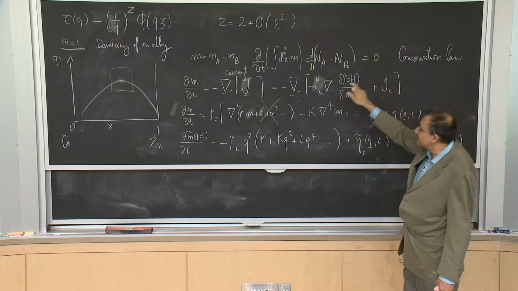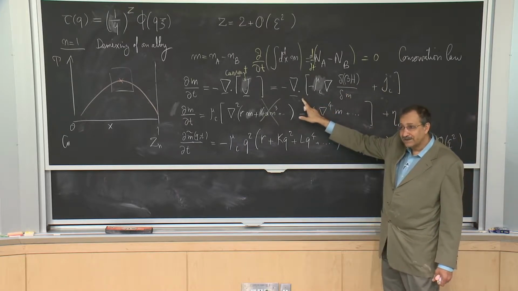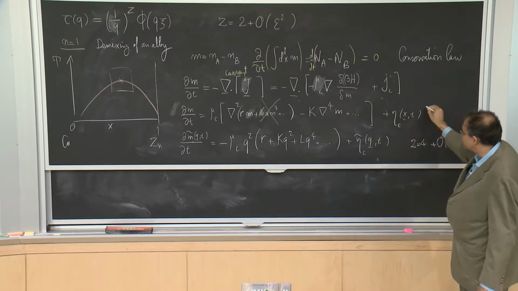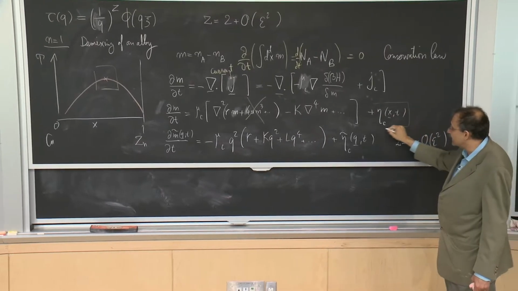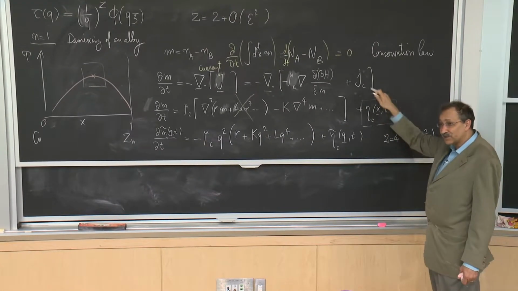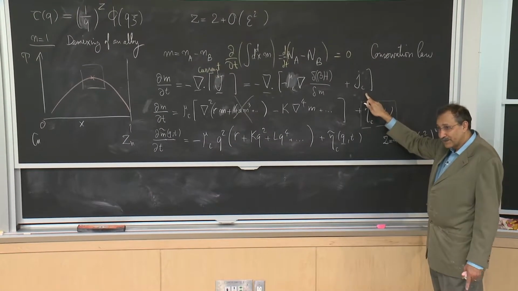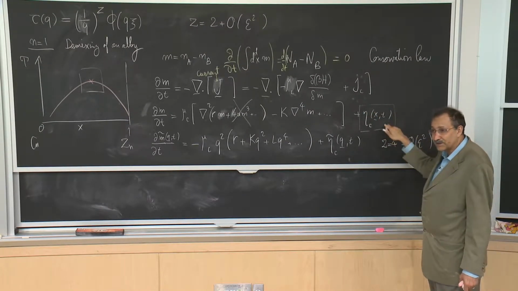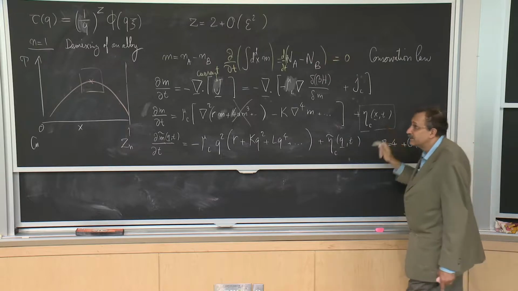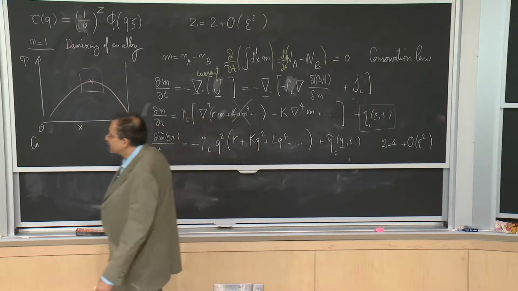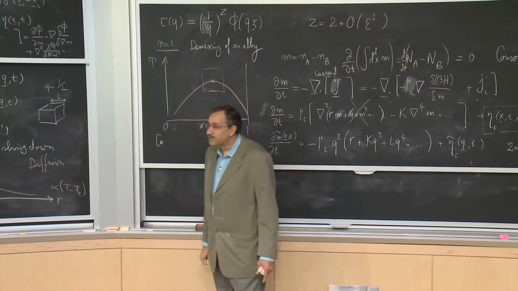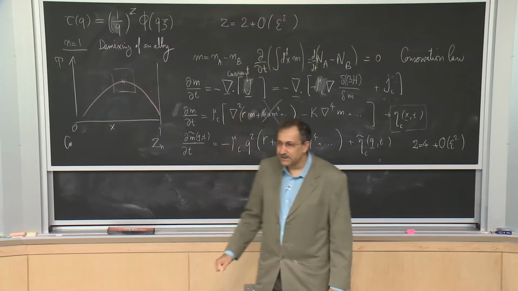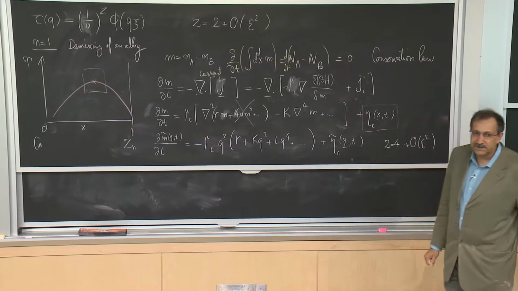Yes, as long as it is sitting under the gradient, it will be okay, which means that this quantity here that I'm calling eta c has a gradient in it. And if you wait for about 5 minutes, we'll show that because of that in Fourier space, I'll describe the difference between non-conserved and conserved noise in Fourier space. It's much easier.